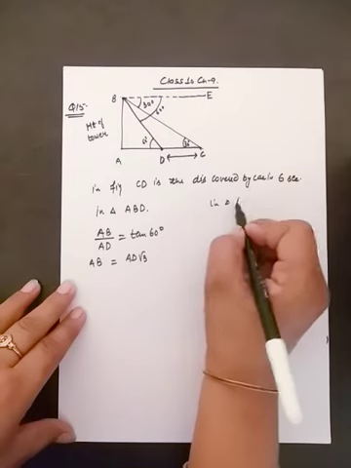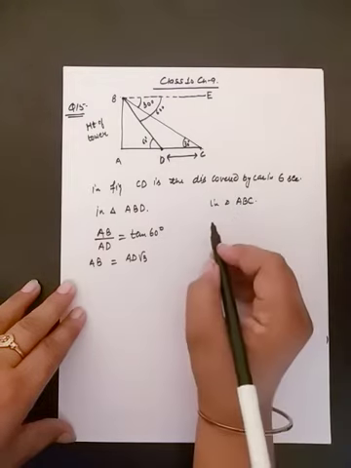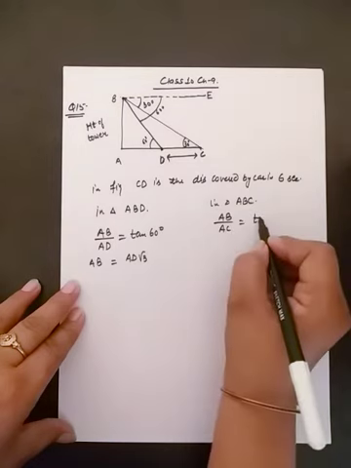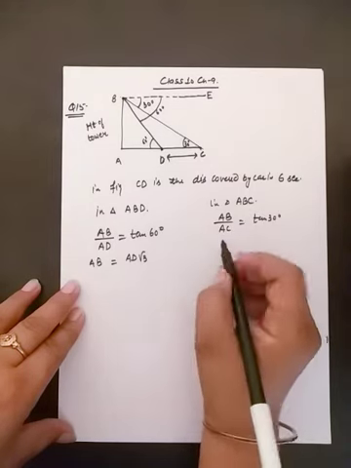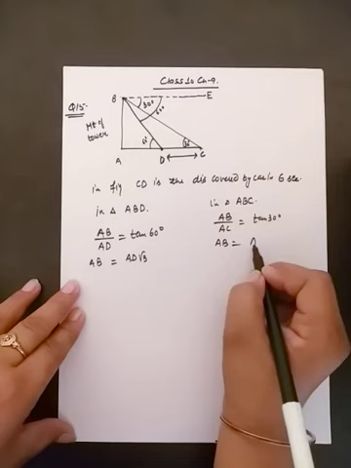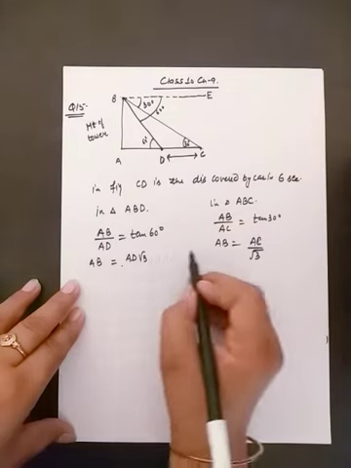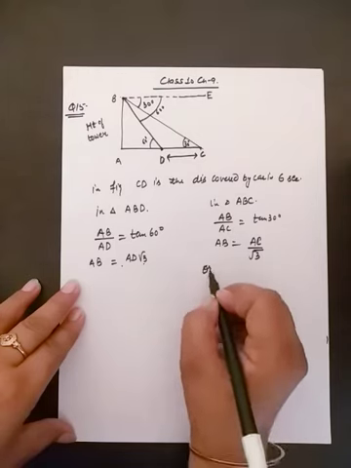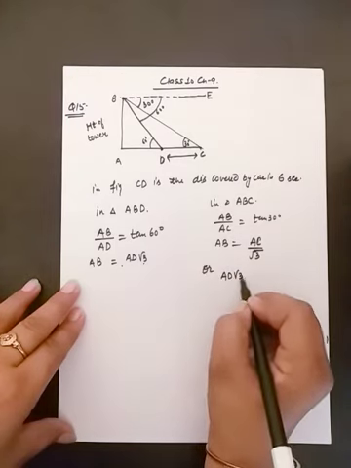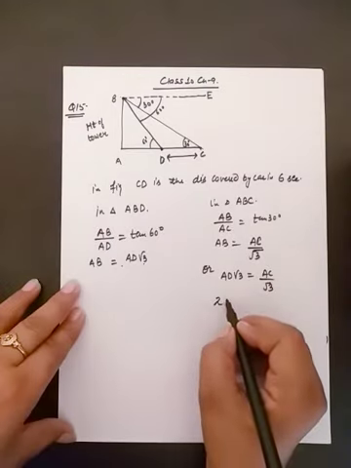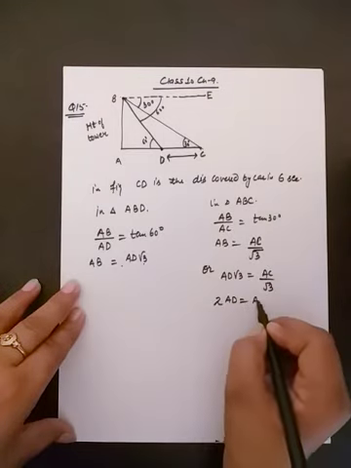Again in triangle ABC, AB by AC is tangent 30. Or we can say AB is equal to AC by root 3. But from equation 1, AB is AD root 3. Or we can write AD root 3 is equal to AC by root 3. Therefore we get 3AD is equal to AC.